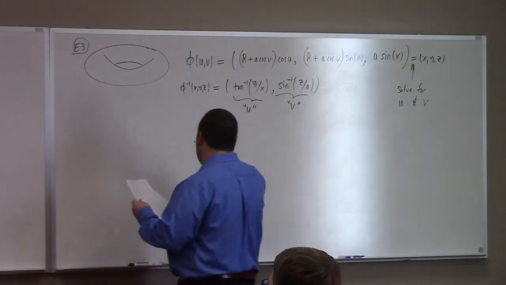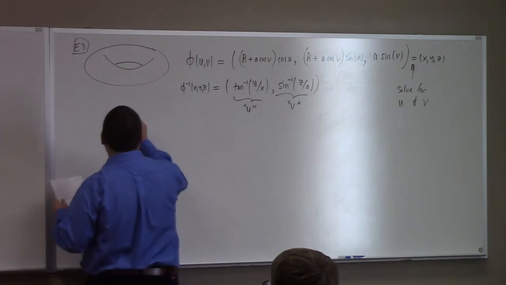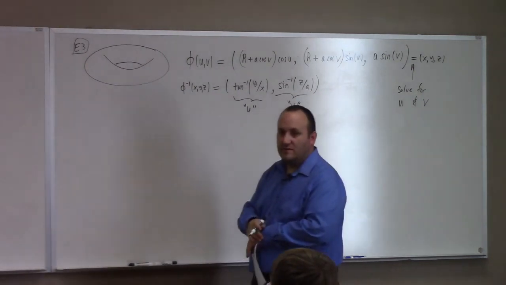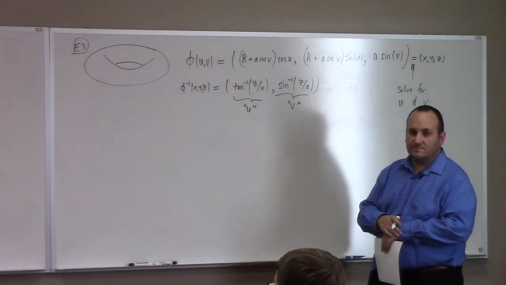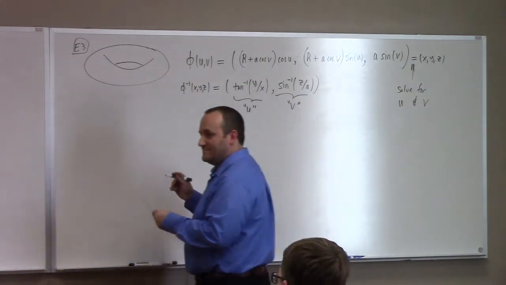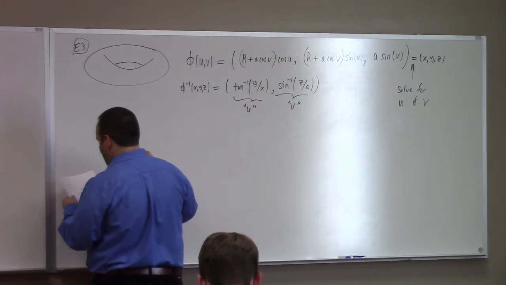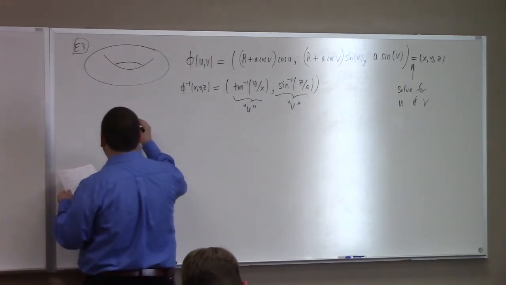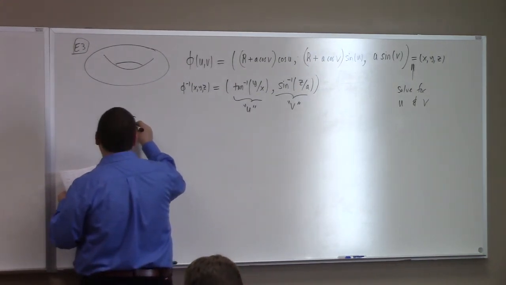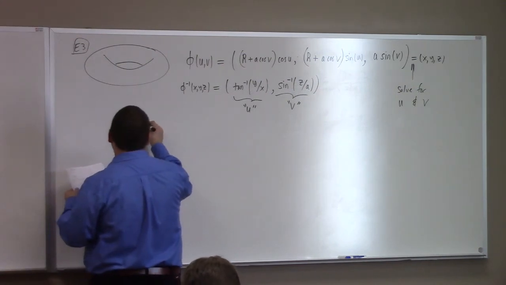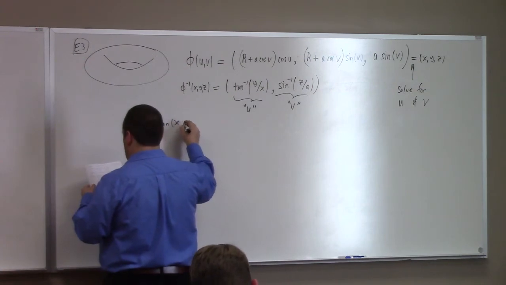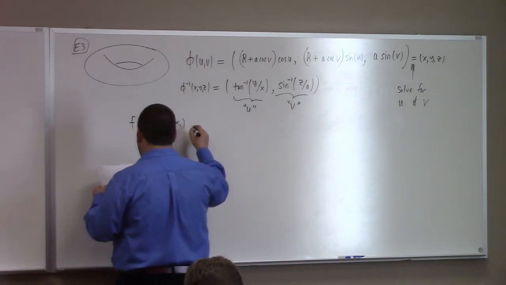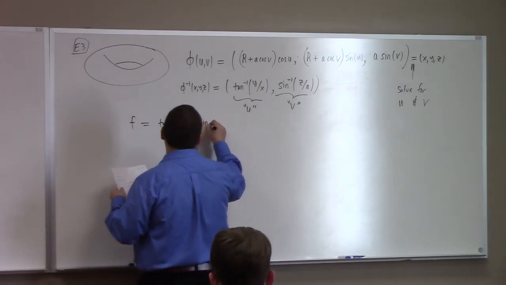This is serious. I propose that the natural way to define functions on a manifold is with a coordinate system. So how about this? f equals the tangent of x1 plus the sine of x2.